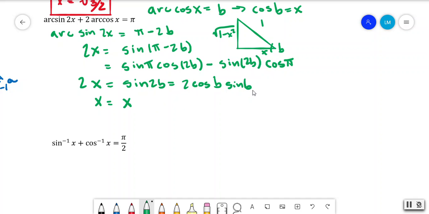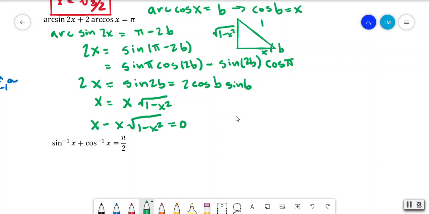Then we have sine of b, which is equal to the square root of 1 minus x squared. Now, it looks like I'm getting basically the exact same equation as before. So I have x minus x times the square root of 1 minus x squared, and this is equal to 0.